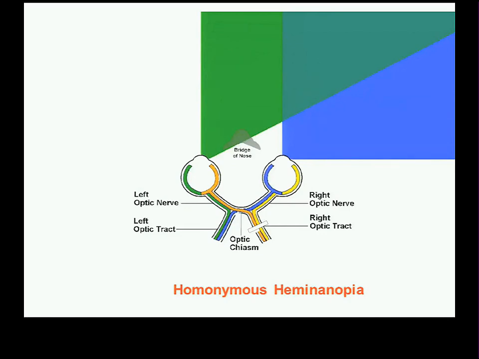It's not the same in terms of temporal nasal terminology, but it's the same in terms of left-right terminology. So I've lost the left half of my left eye and the left half of my right eye. That is a homonymous hemianopia because it's the same half of each eye. And in this particular case, it is a left homonymous hemianopia. It's the left half, which I lost the same of both eyes.